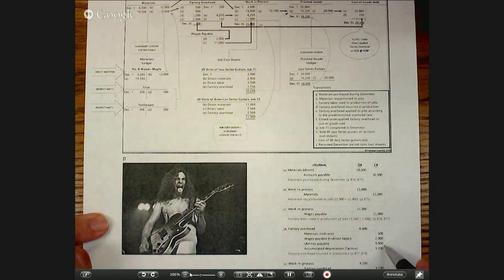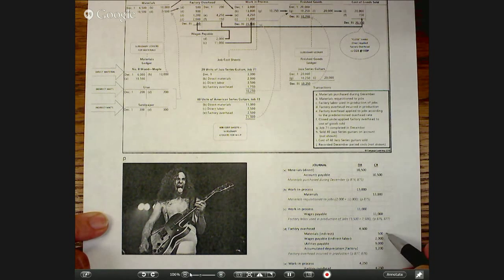Also, there would be heat, light, and power associated with the factory, and for Washburn Guitars for the month of December, that would be $9,000, and there would also be $1,200 of depreciation on the factory building and the factory equipment for the month. This is explained to you on pages 877 and 878.